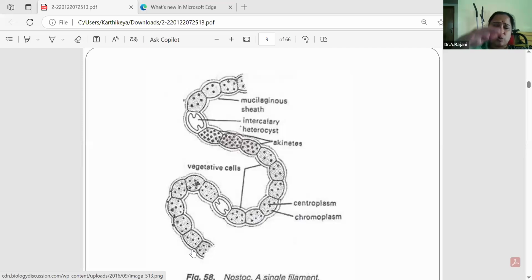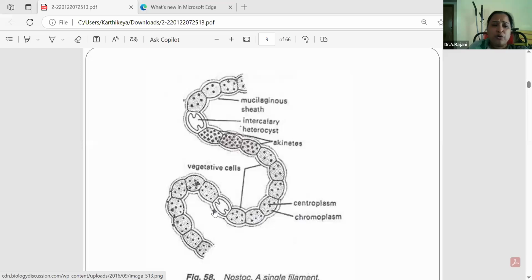Not only this, you can observe it in CYANOPHYCEAE overall. In the chromoplasm are pigments, proteinous cyanophycin granules, and cyanophycean starch granules. While in the centroplasm, the nucleus is also present.